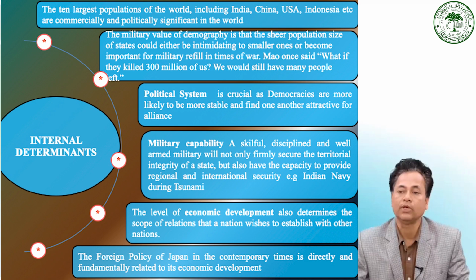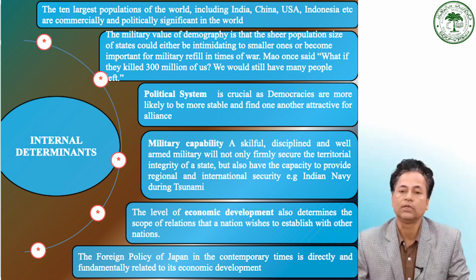If you have enough population, you will formulate your policies taking that demographic factor into consideration. Suppose India has now about 35 million diaspora living in other countries. That is definitely a factor when India has to formulate any policy towards those countries.